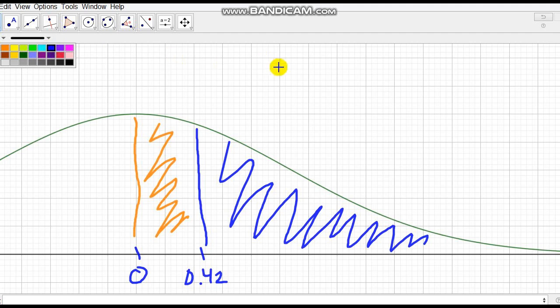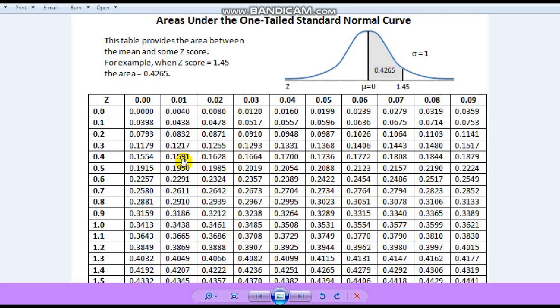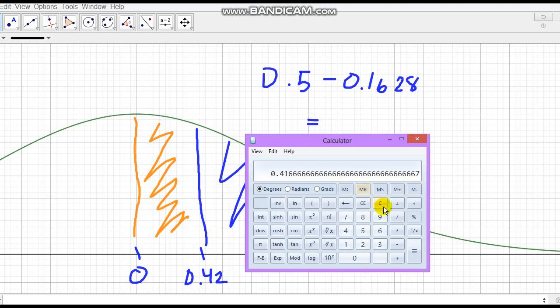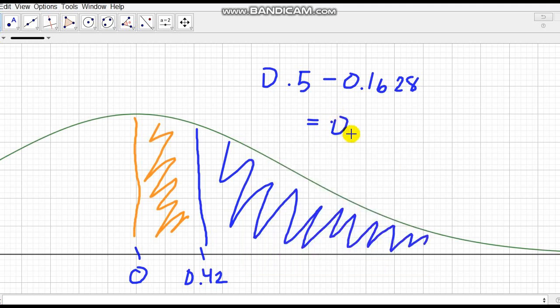So 0.5 minus 0.1628 is equal to 0.3372, or simply 33.72%.